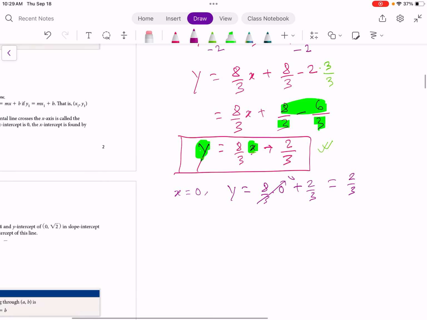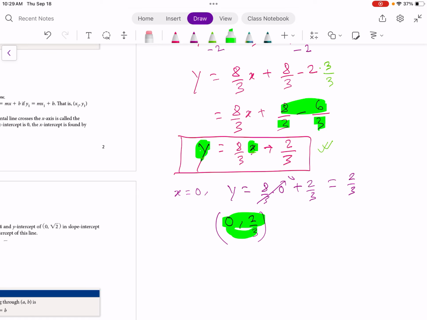So 1 point on that line is (0, 2/3). In a similar way, you can take x equals -1, you can take x equals 5, 10, or any number. You plug it in, you find y, and x and y together make a point. So with the help of an equation, we can find all those infinitely many points on a straight line.